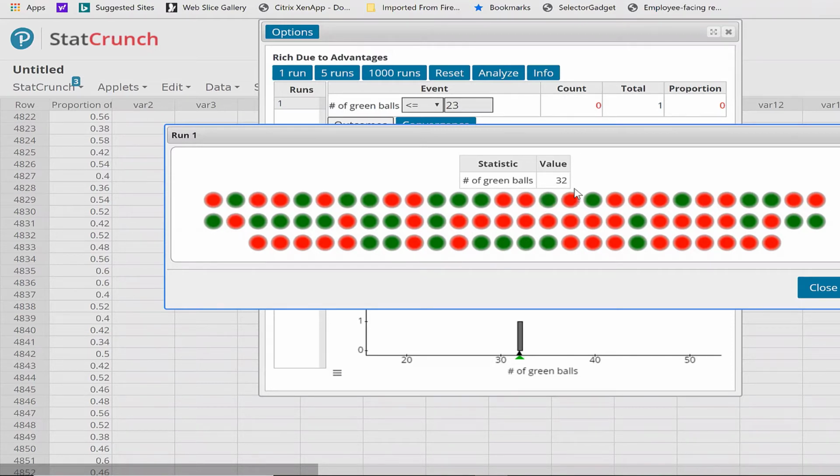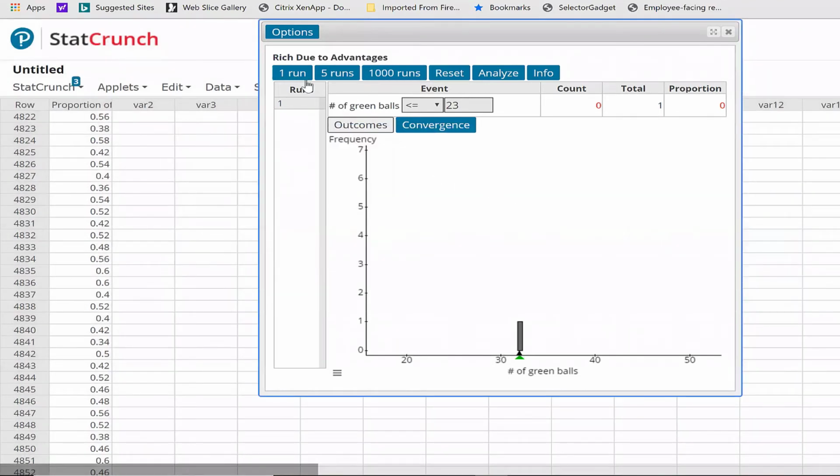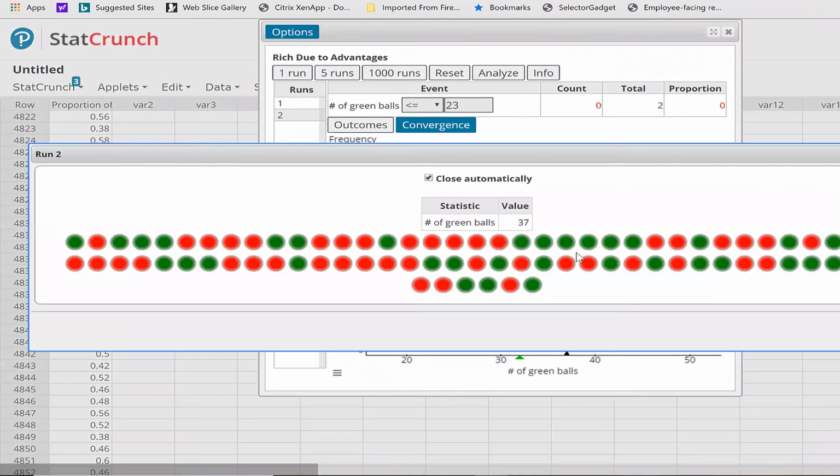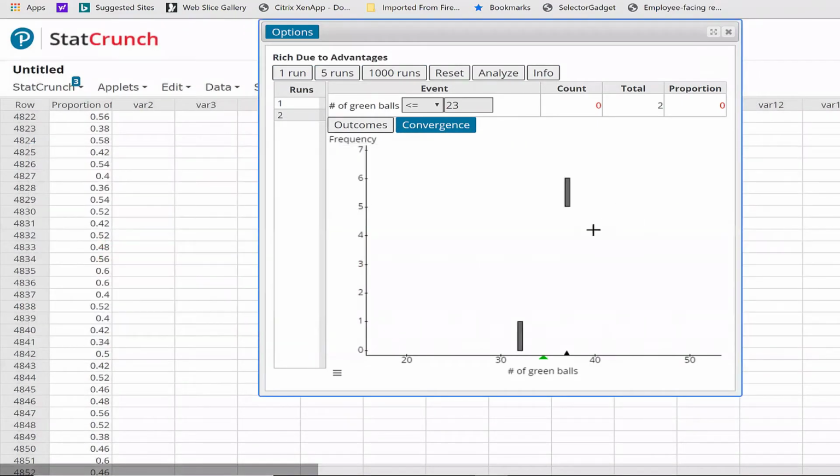So in my survey of 80 Republicans, 32 said, I believe people are rich because they had advantages in life. Now that's me doing that survey once. If I do it a second time, this time I got 37 saying, I believe a person is rich because they had advantages in life. I'm going to do this over and over and over again to see how often I observe results as extreme or more extreme than those I actually observed.